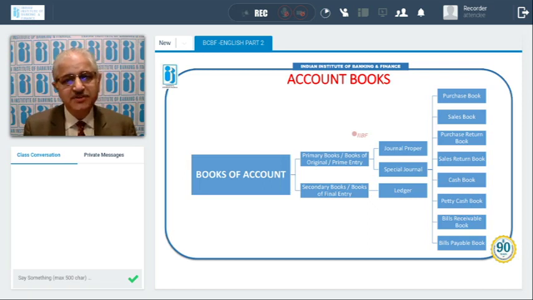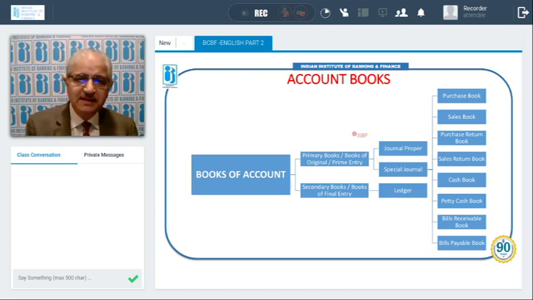Cash sales, cash purchases, income received in cash, expenses paid in cash, cash received from my debtors, cash paid to my creditors, cash deposited in bank, cash withdrawn from bank. All such entries are made in the cash book.